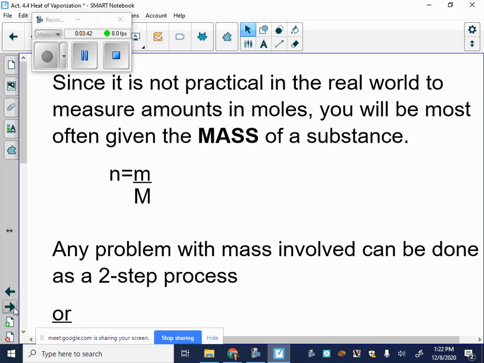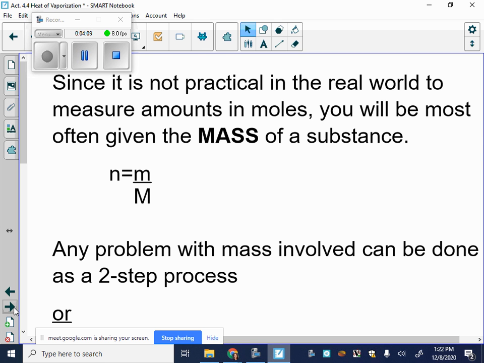All right, unfortunately, if we were to do an experiment in class where I told you to calculate the heat of vaporization of something, I can't give you a measuring instrument to measure a mole. So unfortunately, most experiments only give us the amount of a substance in mass.